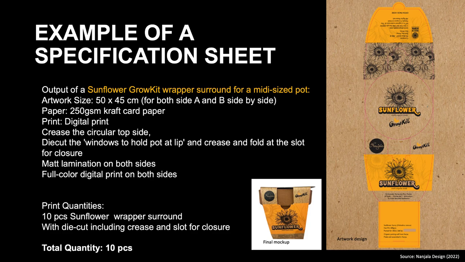Another tip to make your work easy is to also share the actual pot with the printer, so that when they're doing the first origination, they're able to test and see whether it does indeed wrap around the actual pot and close, before they share the final color proof for approval for mass production. So this is very, very important.